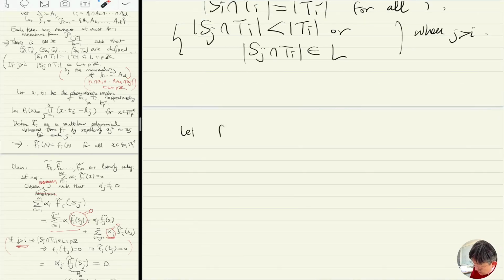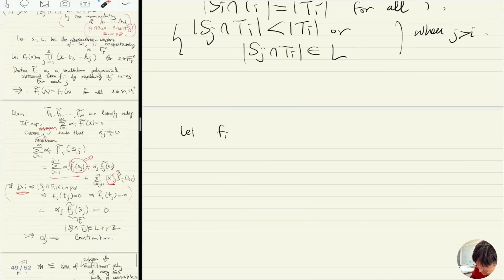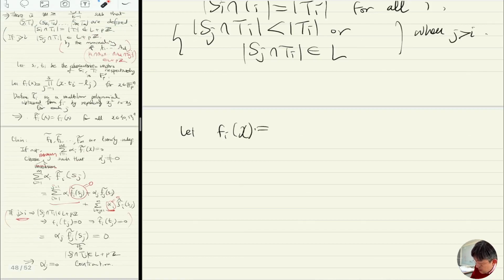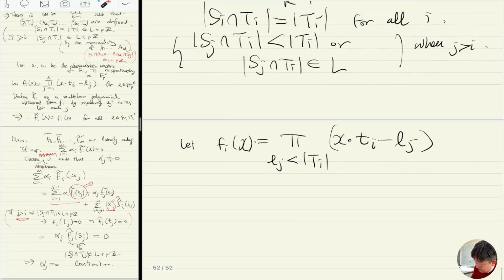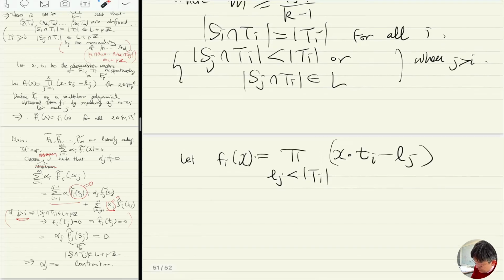Let f_i(x) be the product of (x dot T_i minus l_j), where we are multiplying only when l_j is less than the cardinality of T_i.